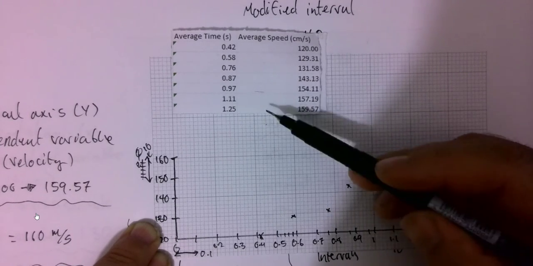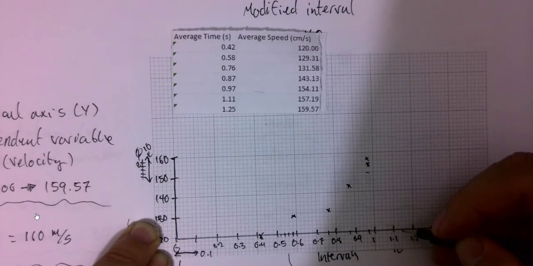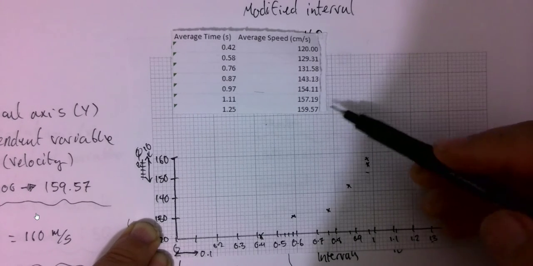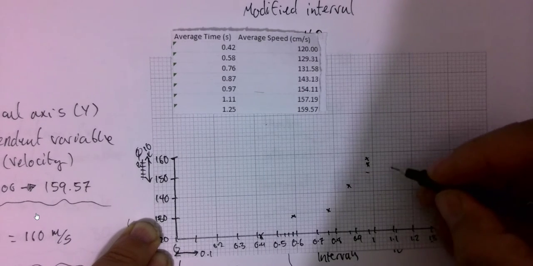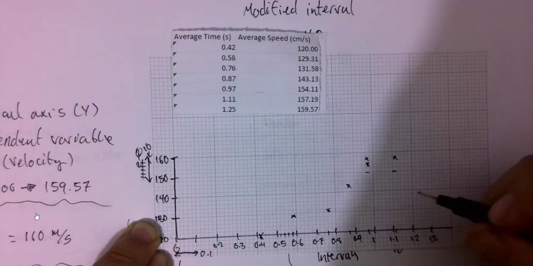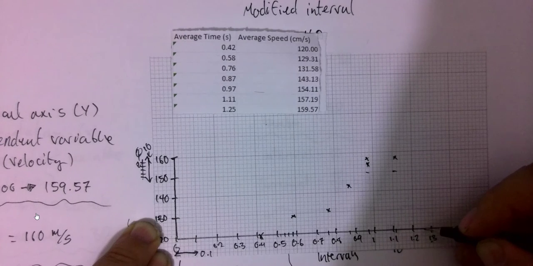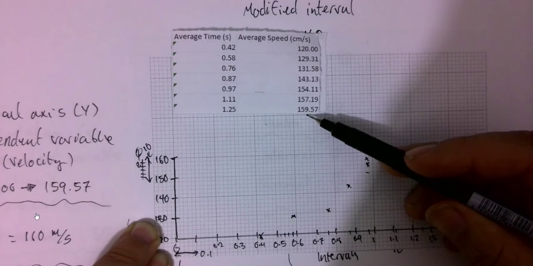And now we go on to the next one at 1.11, so we got 1.12, that's not too much, so it's around here, 1.11, and that's at 157.19. Okay, again, so we go all the way up to 150, 152, 154, 156, 158, 157, and our last one is at 1.25, so 1.22, 1.24, 1.26, 1.25, and that's at 159.57.